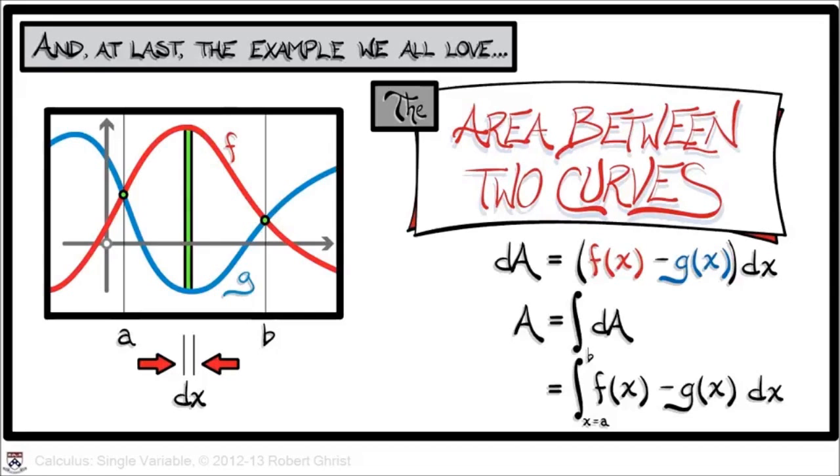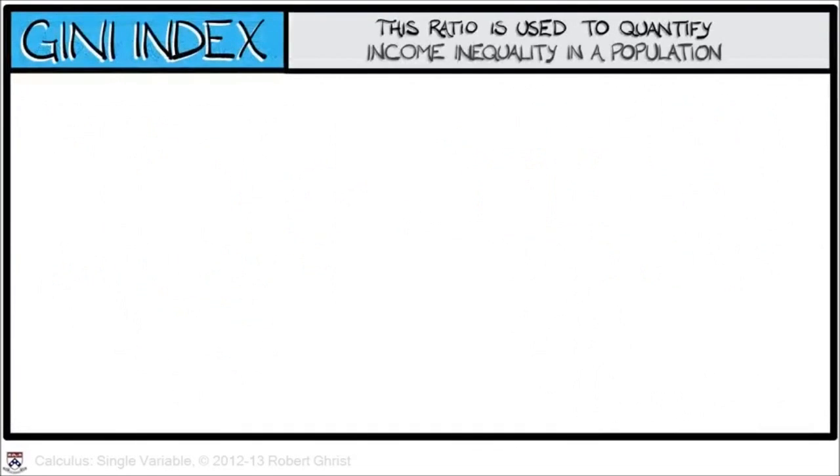One interesting application of this formula is to economics, in the definition of something called the Gini index. This is a ratio that is used to quantify income inequality in a fixed population. It relies on one slightly technical definition, and the rest is simple calculus.